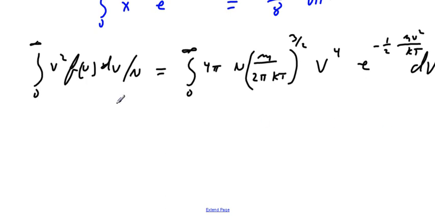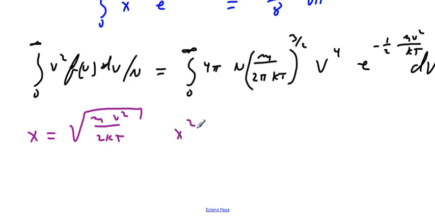We're going to do a change of variable again, and so we're going to let x be the square root of m v squared over 2kT, so x squared is m v squared over 2kT.